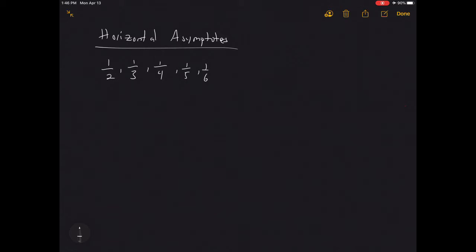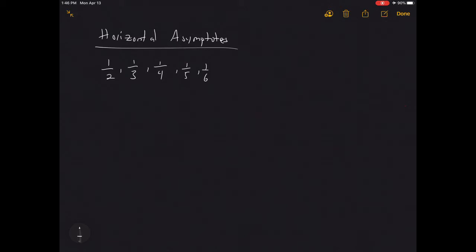What you should notice is as my denominator is tending to get bigger and bigger, the numerator is staying the same, or relatively the same. The denominator is getting bigger and bigger, and if you guys remember, as the denominator of a fraction gets bigger, the fraction itself gets smaller. So a bigger denominator typically means a smaller fraction.